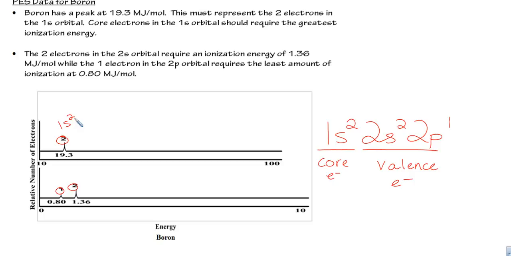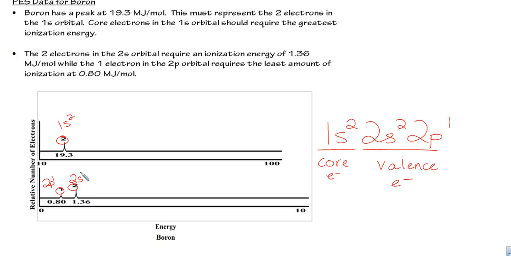Okay, so now if we look to the second energy level, it should be easiest to remove that p electron. There's only 1 electron in the p orbital. It's a higher energy orbital. And obviously this peak only has a 1 next to it. This is the 2p1.